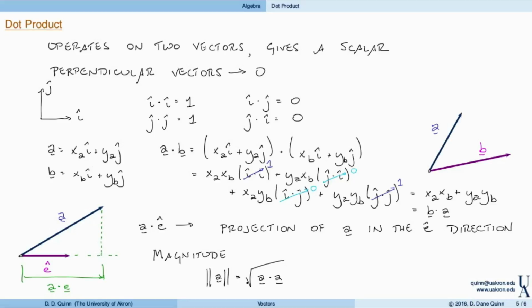So the magnitude, or the length, is the square root of that quantity. And working through something like we did up here, we can see that the magnitude is the square root of xa squared plus ya squared. Again, these are the components in the i and j direction. And you can also get this from simple geometry and just sort of looking at the appropriate triangle.